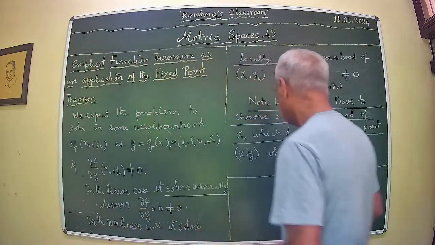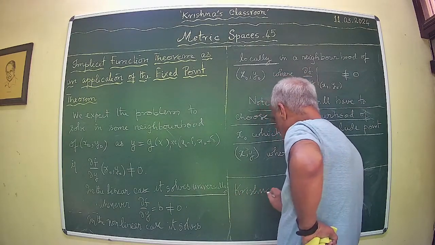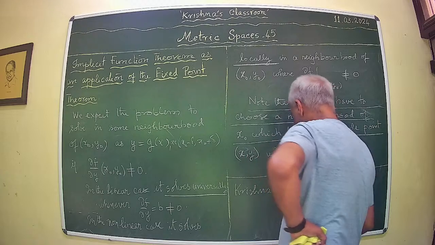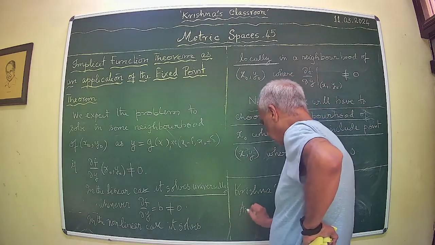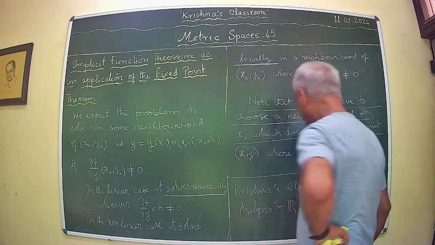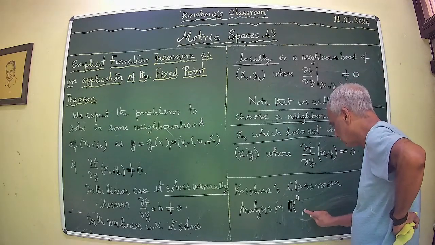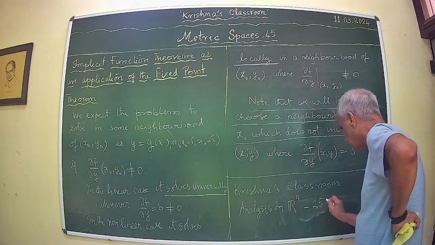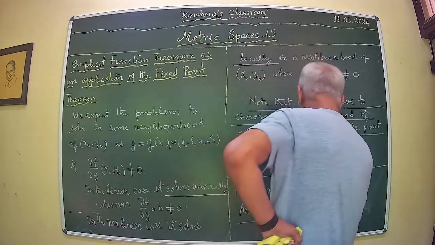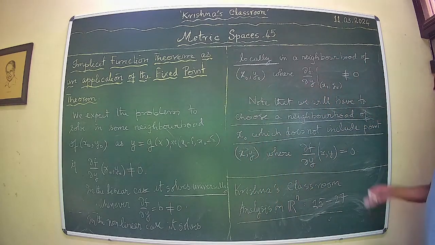You may also look into my lectures, Krishna's classroom, Analysis on Rn, sections 25 to 27. We have a very elaborate discussion of this problem there, including how the proof comes.